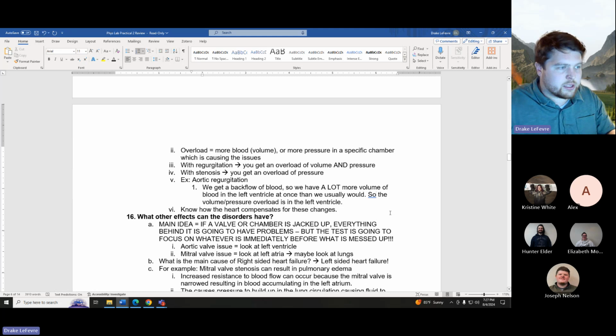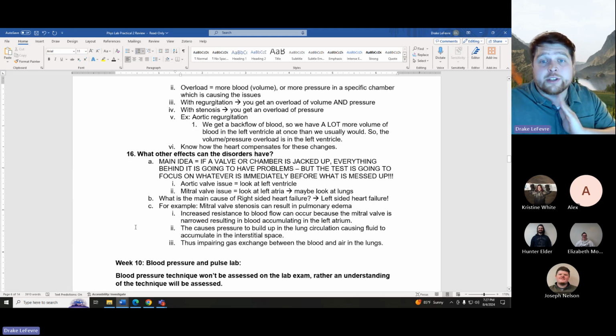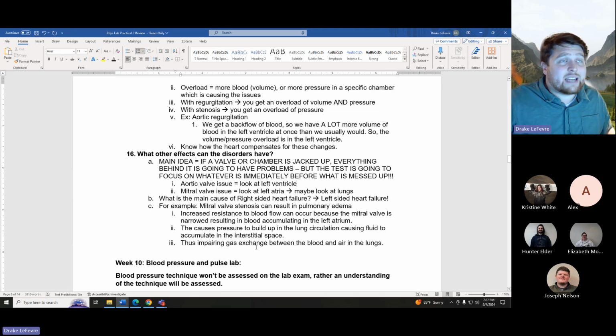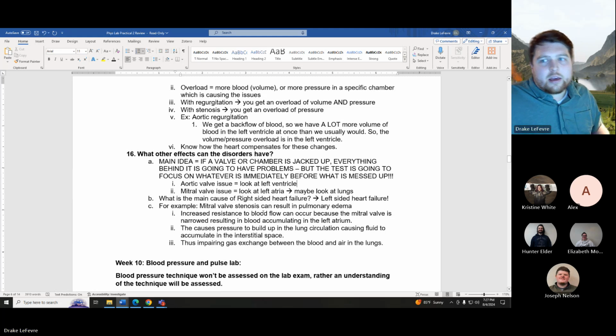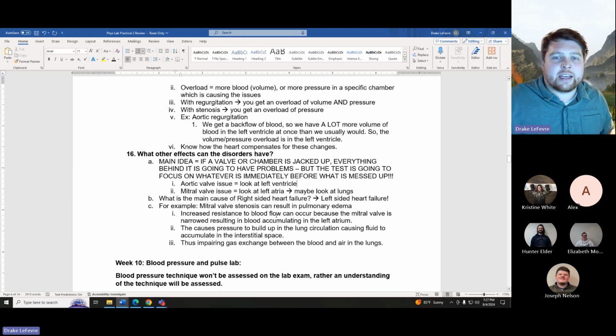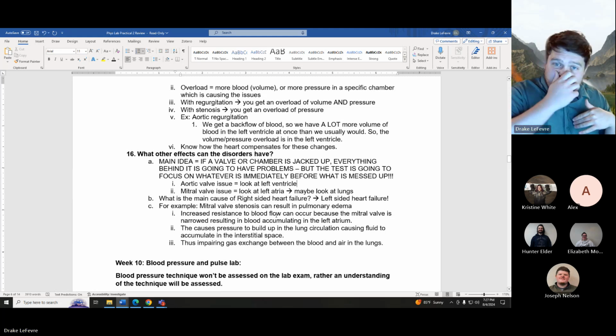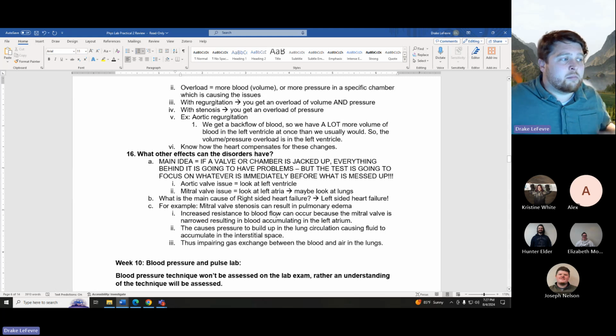And that's what causes all of the other issues. Like if you have edema and swelling in your legs, often that's a sign of right-sided heart failure, because the blood and everything gets backed up, more towards the liver and stuff, and you get more pressure in your venous system, so you're not picking up as much fluid to bring it back as you should be.